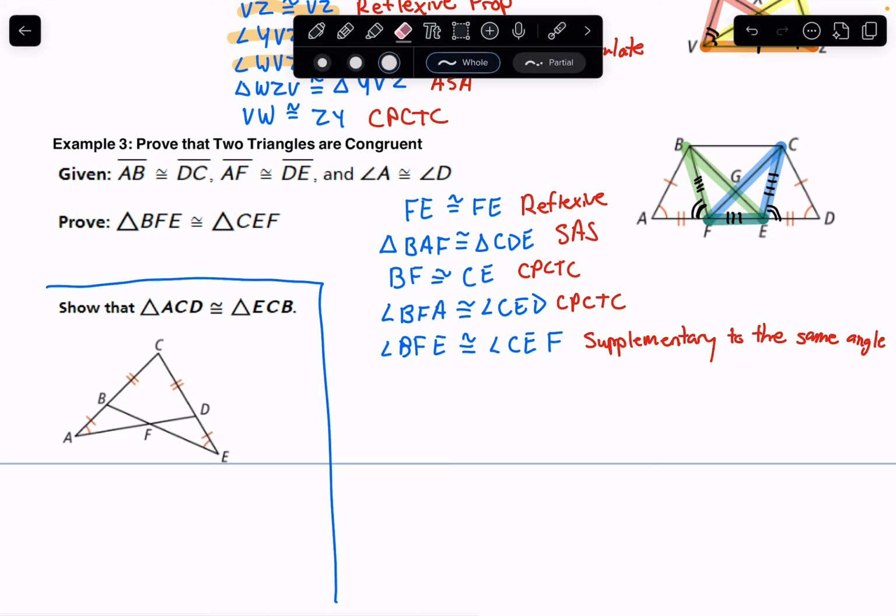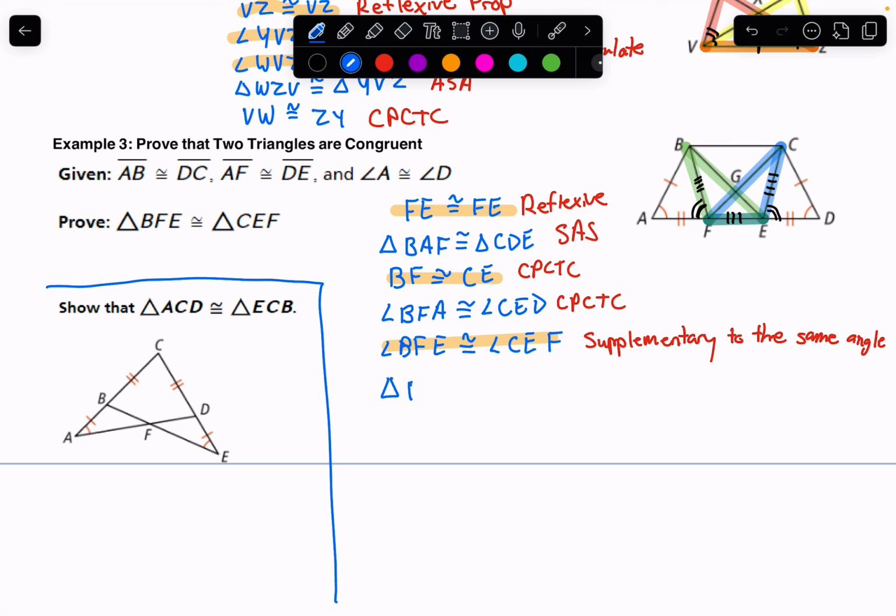FE is congruent to FE, BF is congruent to CE, and BFE is congruent to CEF. Remember this piece? These are not angles in our triangle, so they don't count there. But with my 3 pieces, I can notice that, looking at the green triangle, I have side, included angle, side. So side angle side congruence.